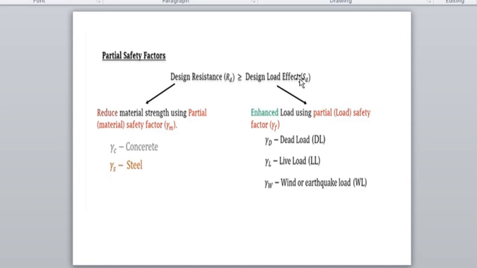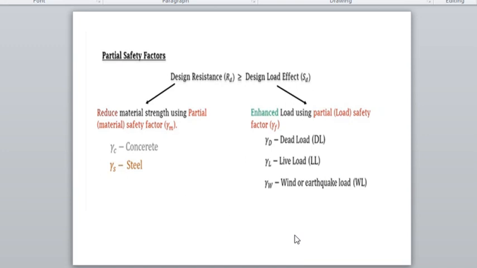In the load, another factor, here we are enhancing the load using a partial load safety factor. That is, for dead load gamma D, live load gamma L, and wind load gamma W. So the point I am making is that in the limit state method of design, there are many safety factors.